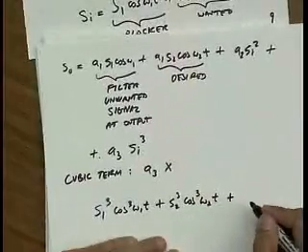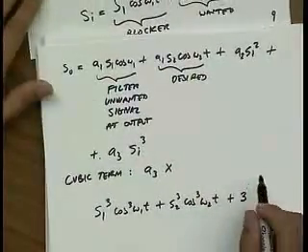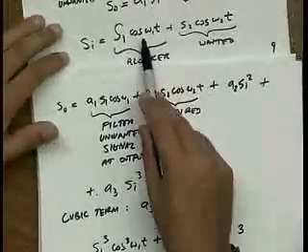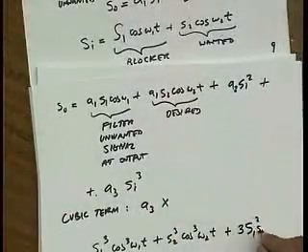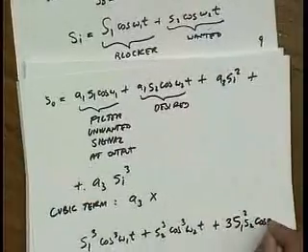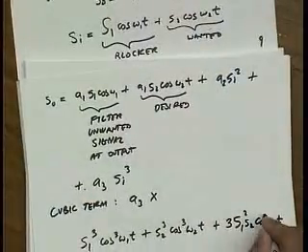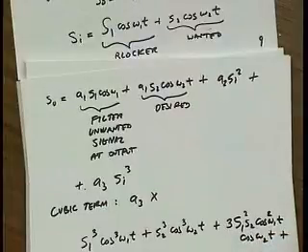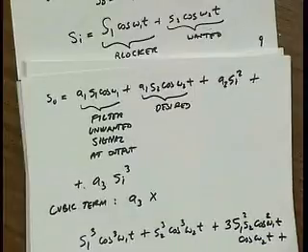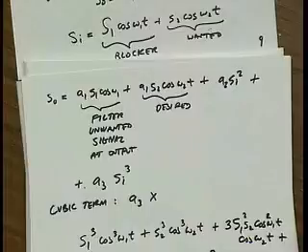It's going to give me 3 times this term squared times that term: S1 squared S2 cosine squared omega 1t cosine omega 2t. It's also going to give me 3 S2 squared S1 cosine omega 1t cosine squared omega 2t, and so on.